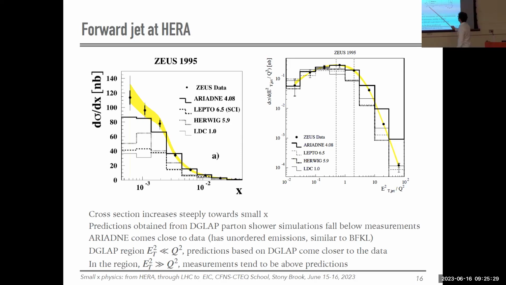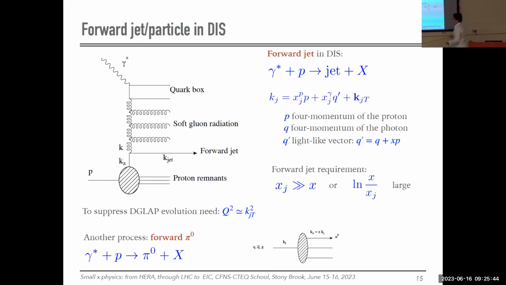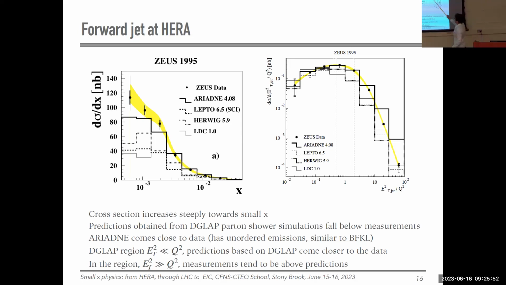On this plot, you see the histogram where you have an ET square of a jet over Q square. So essentially, this region here, when this variable is small, is a region of small PT of the jet and large Q square, where you would expect that the DGLAP physics is correct. And indeed, you see that these Monte Carlos are tracing these points.